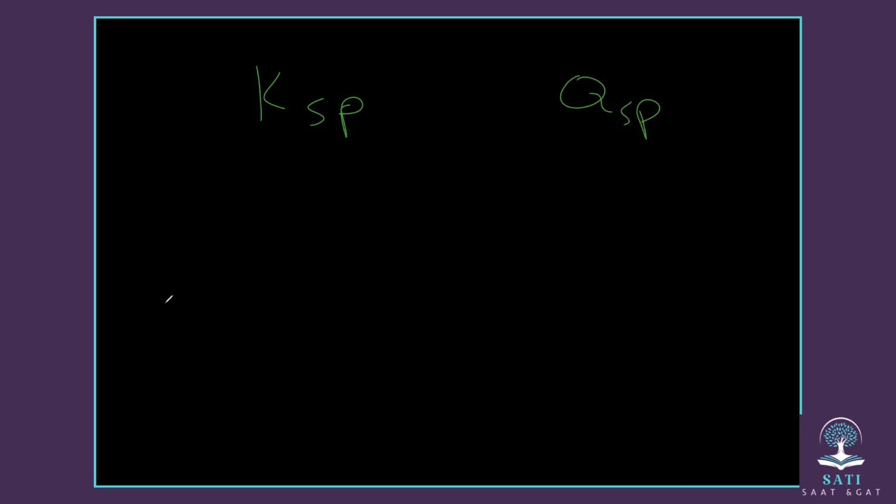These ones are just special cases of constant of equilibrium. This one is a special case of constant of equilibrium, KSP. It is called solubility product constant. And this one is called ion product. It's called what? Ion product. Good. These ones are just special cases of what?